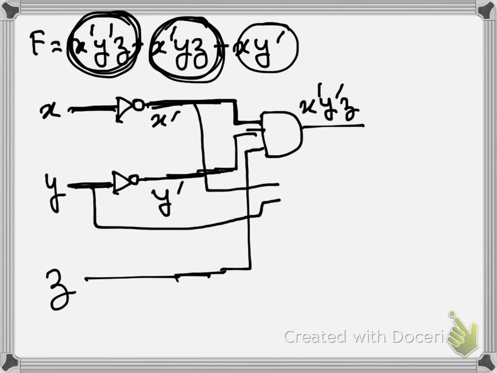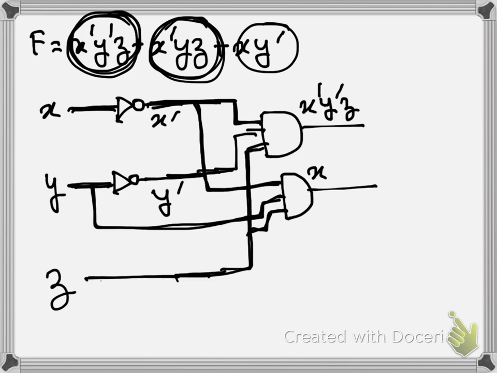And what else do I need? I need z. I can just bring it from here, because this whole thing is z. So I can just bring it here. You can see this is coming from x dash, this part is coming from y, and this part is coming from z. So what I get is x dash y z.